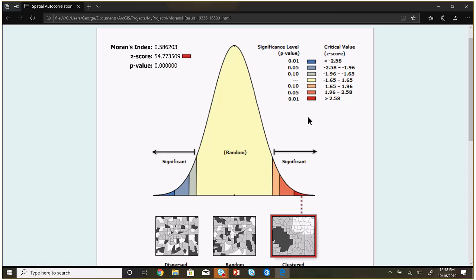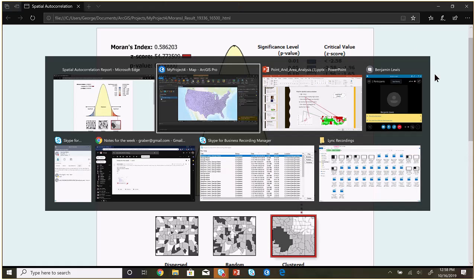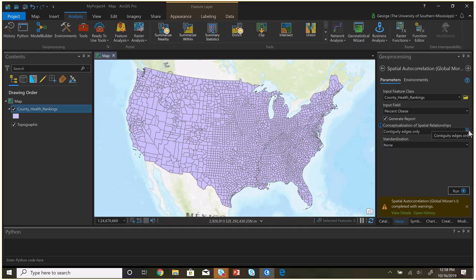Yeah, go ahead. Were we correct in saying that they're probably more clustered together? Yes. Now let's see how the numbers change. I'm just curious. If I said inverse distance squared, it basically weights closer counties even higher than further away counties.